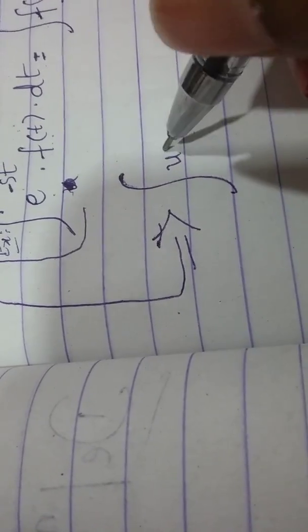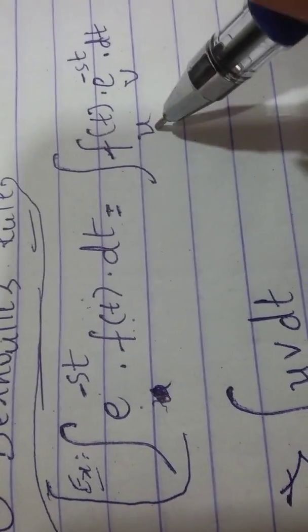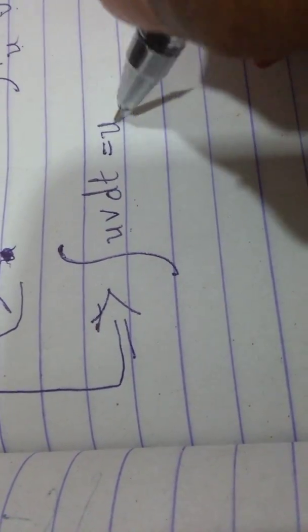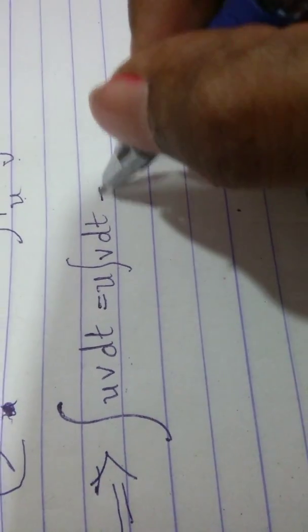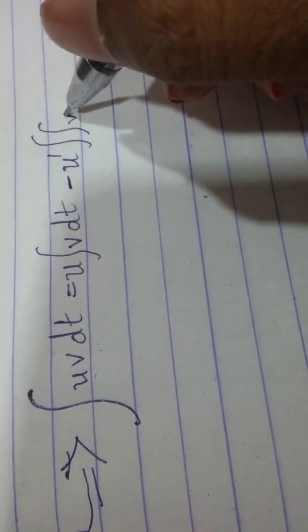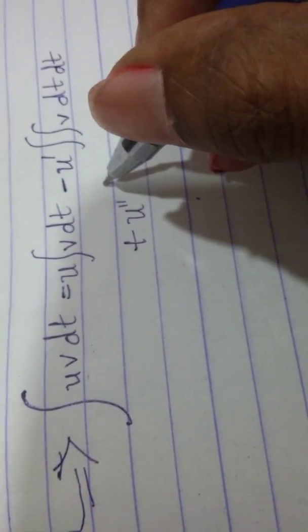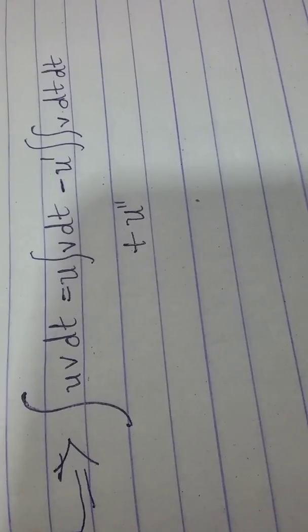Integral of uv into dt is equal to u times the integral of v dt, minus u dash times the double integral of v dt, plus u double dash times the triple integral, and so on.